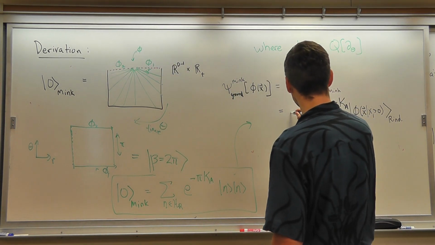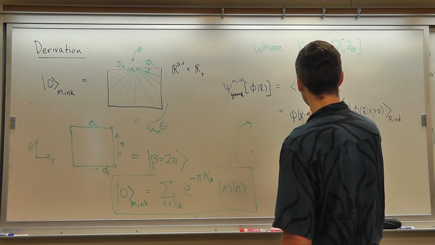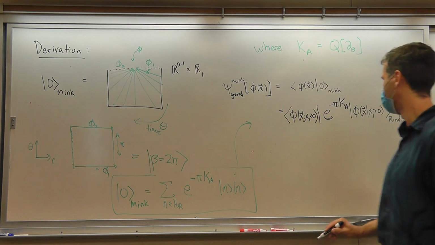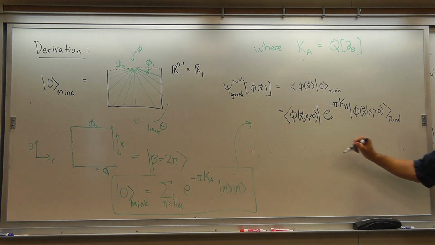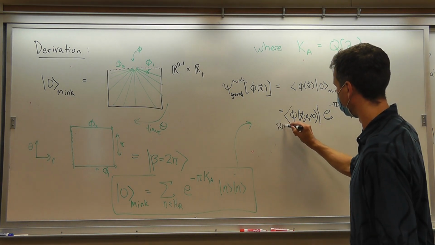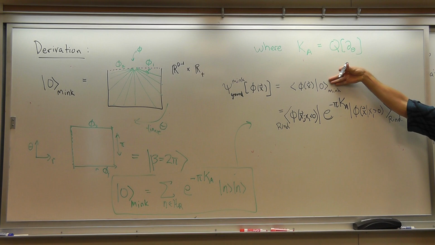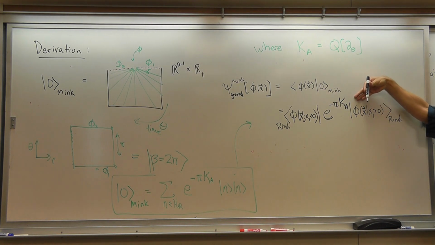So we have phi of x with x1 less than 0 on the left, where now that's also viewed as a Rindler state. Does that make more sense? That's it. This transition amplitude is just being reinterpreted as this transition amplitude.